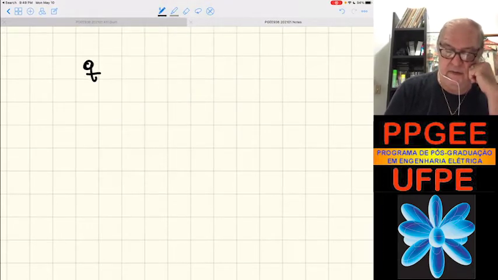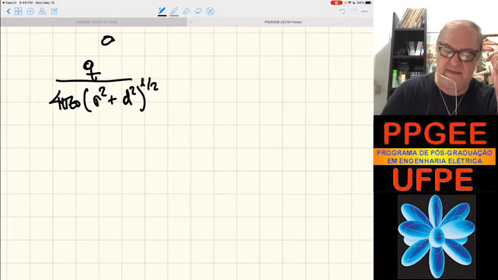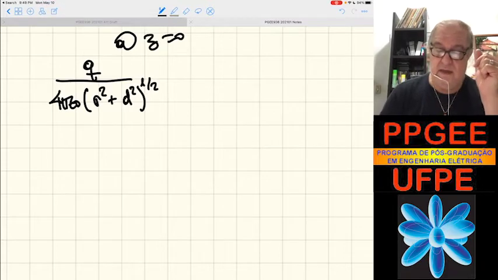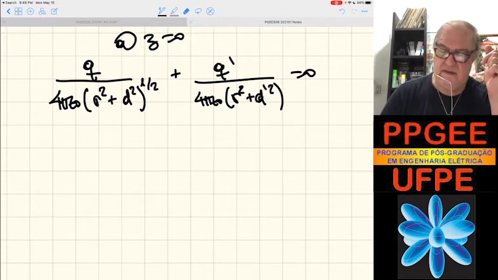It's Q divided by 4 pi epsilon 0, the magnitude is to the power 1/2 of r squared plus d squared, this is at z equals 0, plus Q prime divided by 4 pi epsilon 0 times r squared plus d prime squared, equals 0. Then we move this to the right hand side, it's going to be equal to minus.